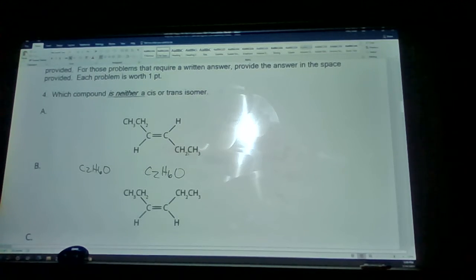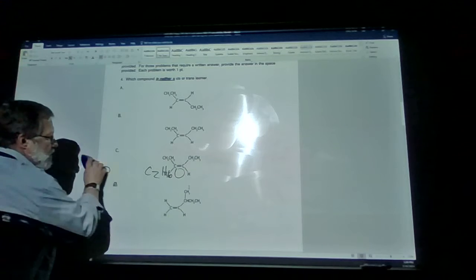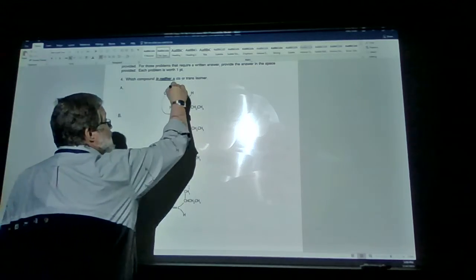Let me shrink this down a bit so we can get everything on the same page. Of these, which does not have the property of cis-trans isomerism? Again, we're looking at what is present on the double bonds.